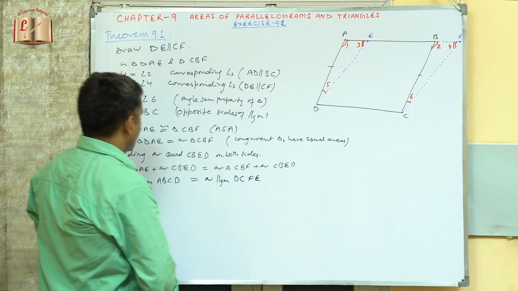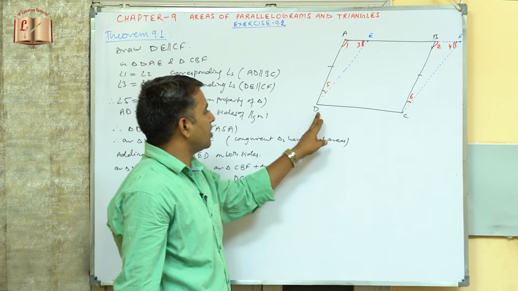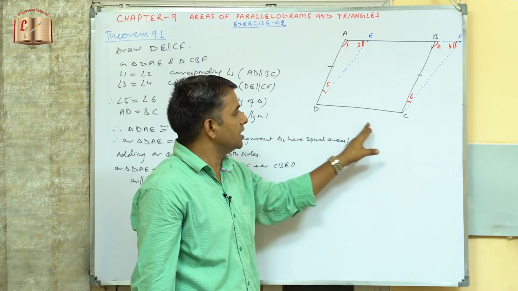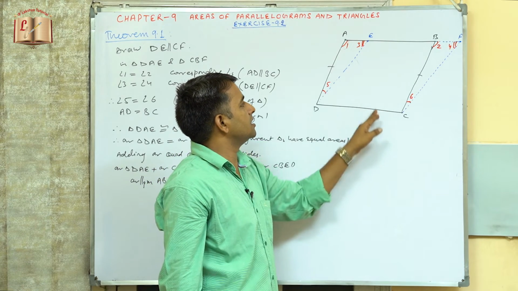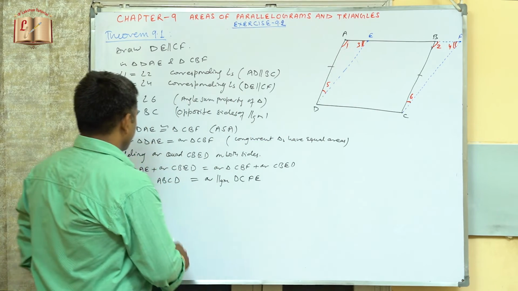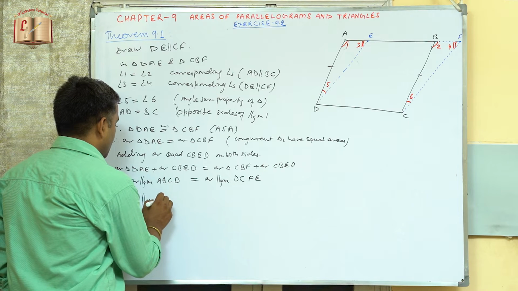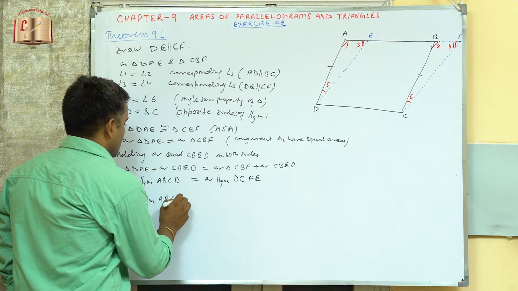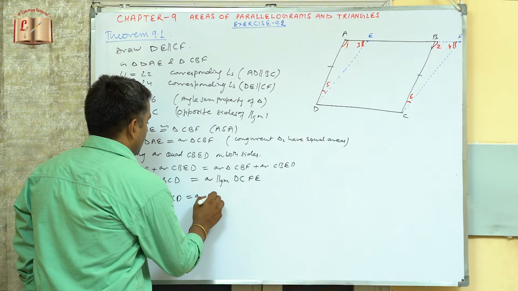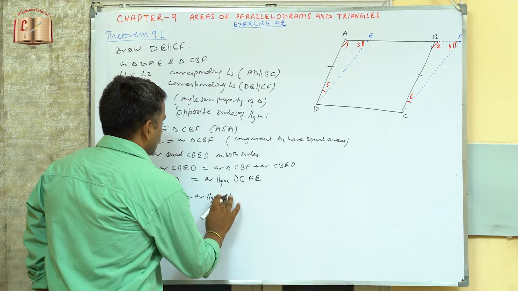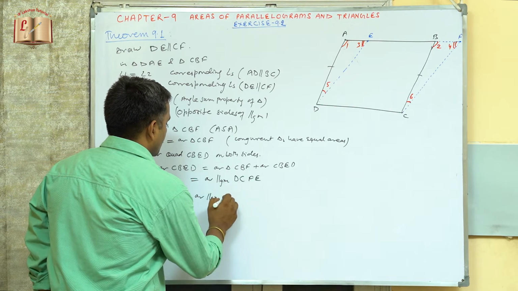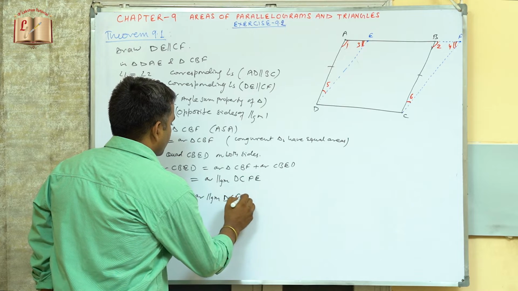So this is equal to area of parallelogram DCFE. Now see that these two parallelograms are on the same base DC and between the parallels DC and AB. Therefore area of parallelogram ABCD is equal to area of parallelogram DCFE.